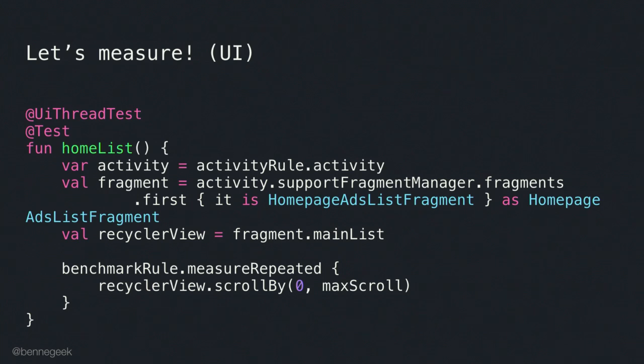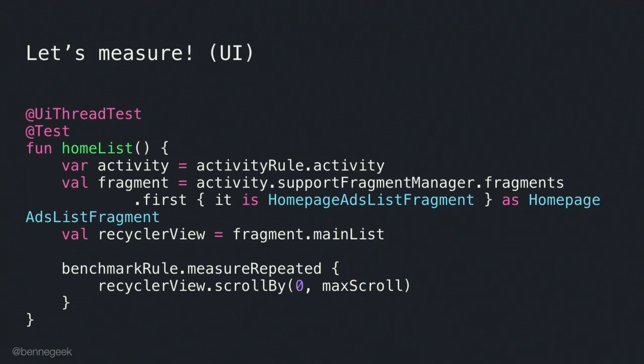So if you haven't seen UI tests, it has this attribute @test, and then you have to launch your activity somehow. Here we're using the activity rule. You can form it using the test recorder in Espresso, which will automatically form the test for you, or you can write it by hand. This is written by hand.